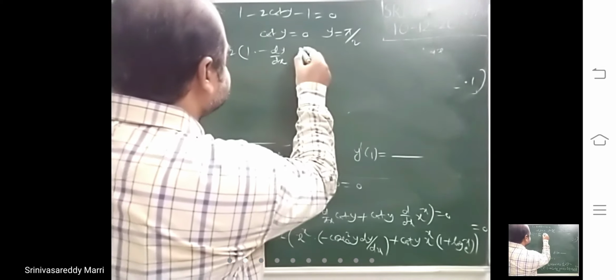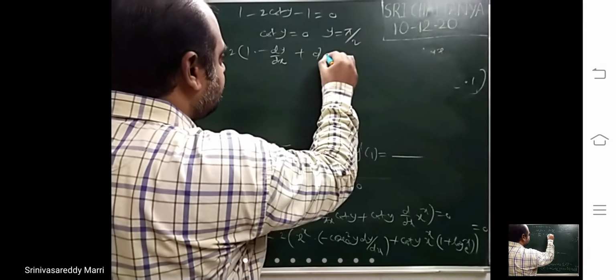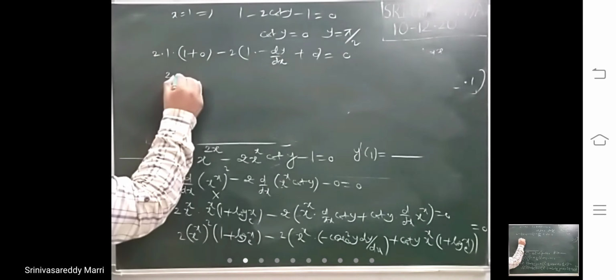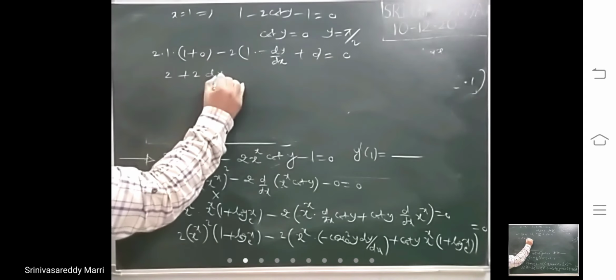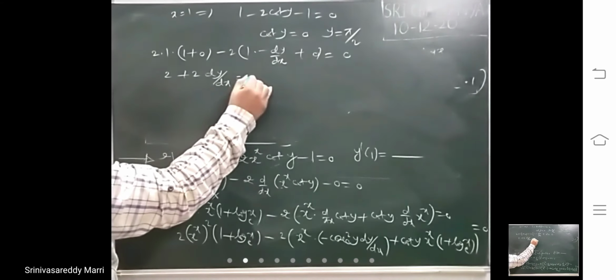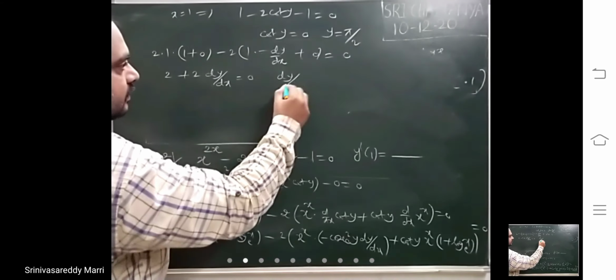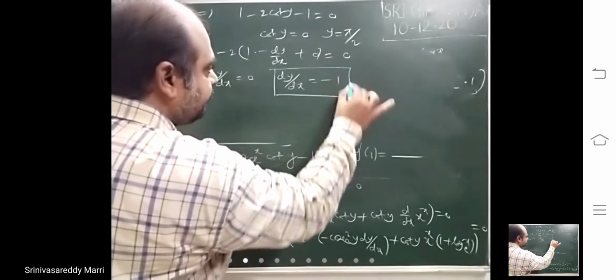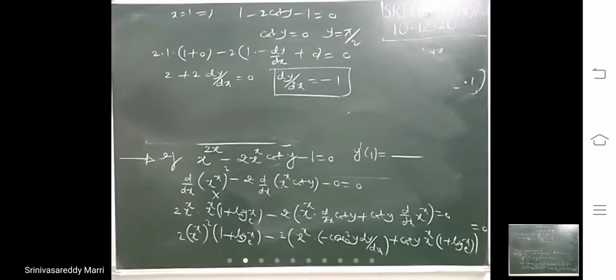Cot pi by 2 is 0, equal to 0. That means 2 minus 2 into minus 1 dy by dx. That implies dy by dx is what? Minus 1. Like that, whenever the x power x rule is there, you write that.